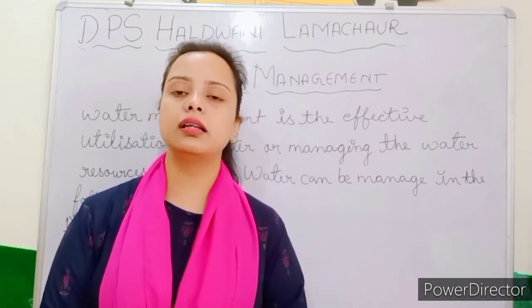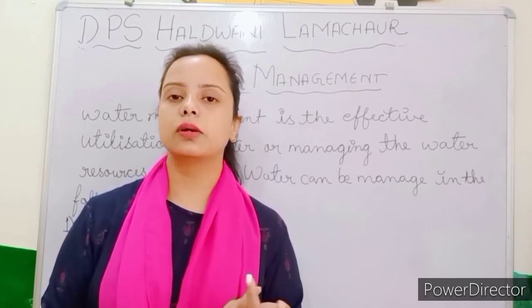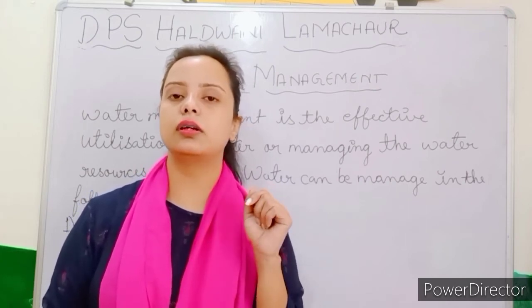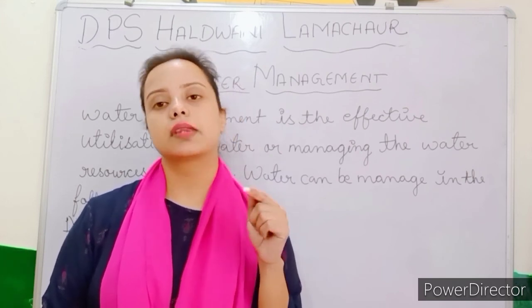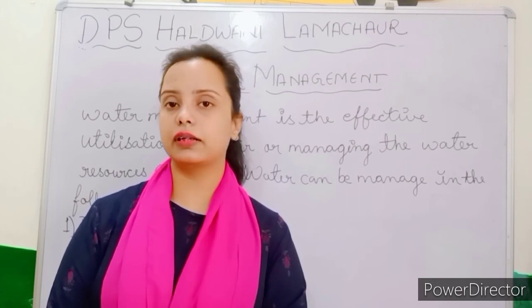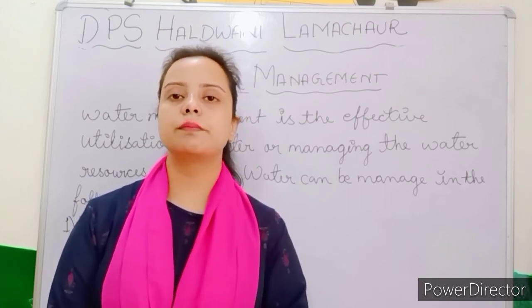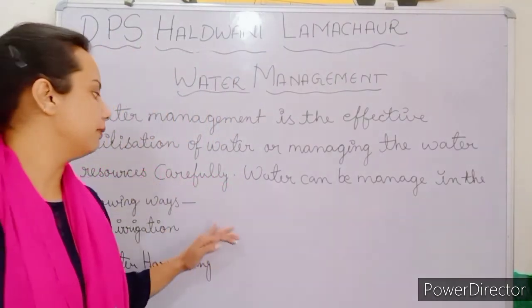But instead of that, we can use narrow pipes from which the water goes drop by drop. So that is a very effective process, and a very important step of water management.